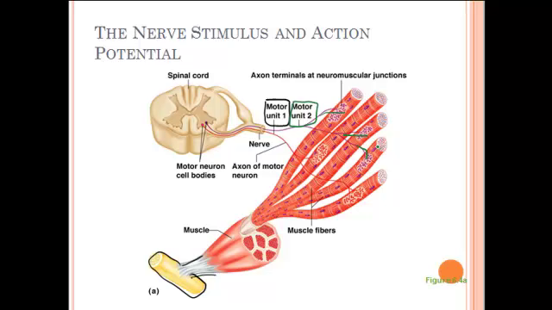For example, your thigh muscle doesn't do a lot of different intricate movements, and so it's going to have fewer motor units controlling it. So depending on the movements required, you may have more or fewer motor units.